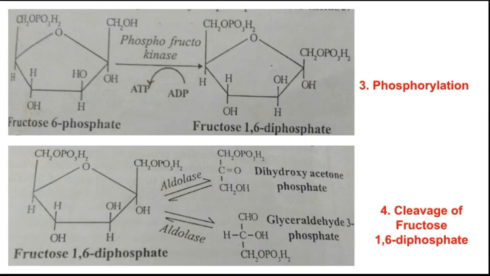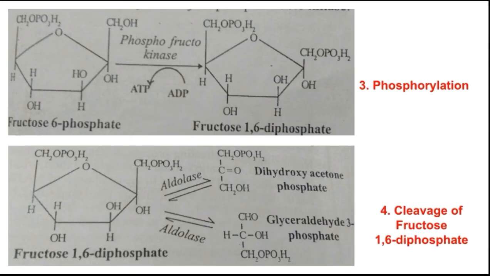Next is the cleavage of fructose 1,6 diphosphate. In this step, the reaction involves the splitting of the fructose 1,6 diphosphate molecule between carbon atoms three and four by the enzyme aldolase into two molecules of triose phosphate, namely glyceraldehyde 3-phosphate and dihydroxyacetone phosphate.